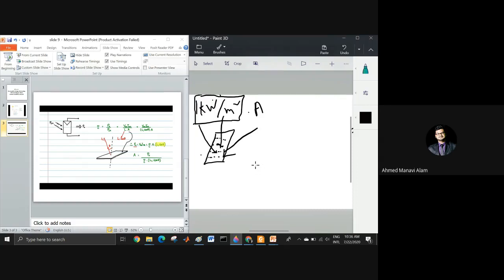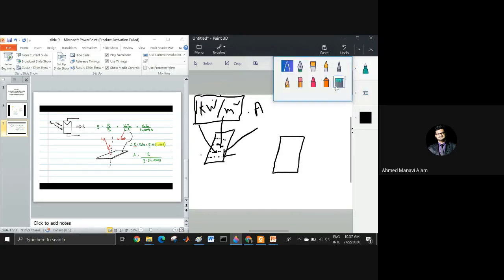Suppose I draw the PV cell here, more tilted.